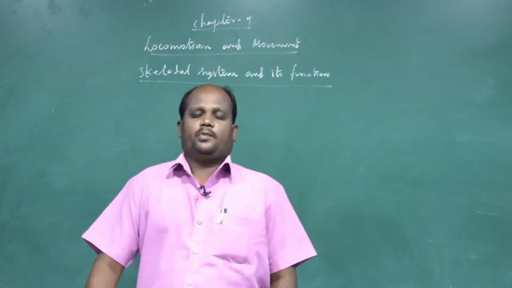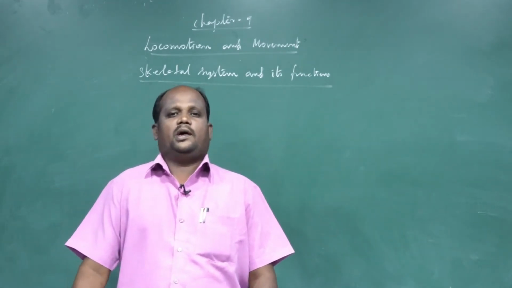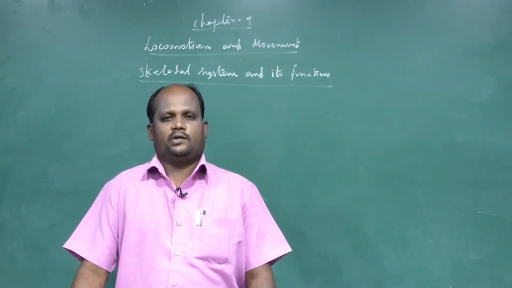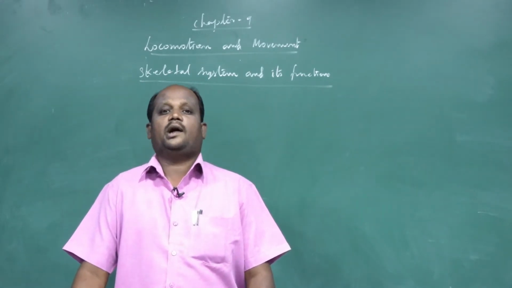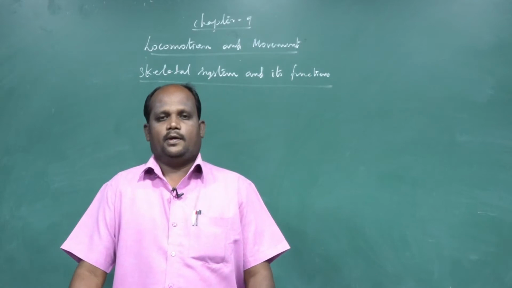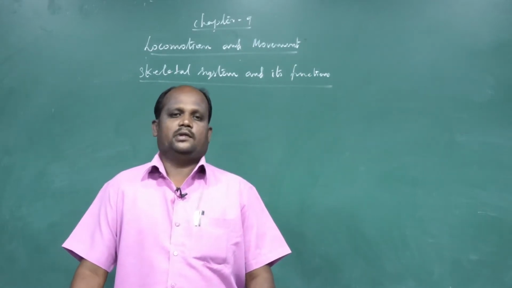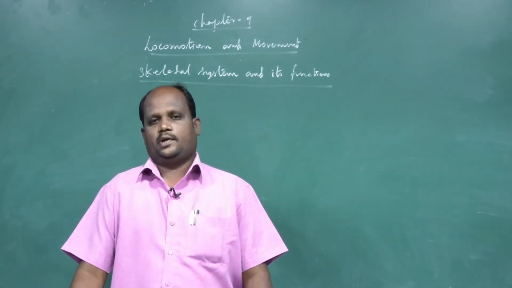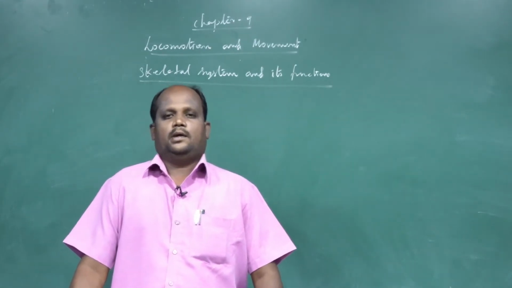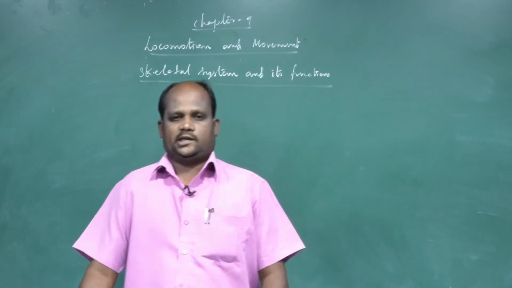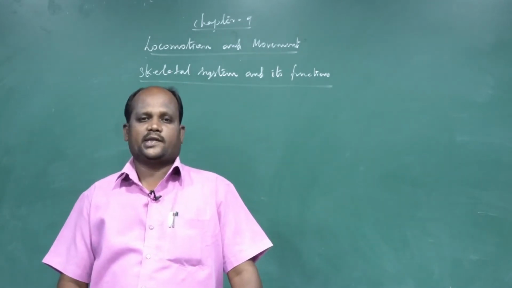In the human body, many organ systems are formed. For example, in the digestive system, exocrine glands and endocrine glands are present.